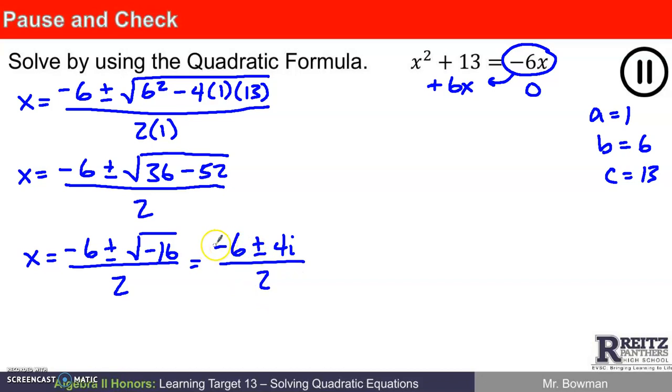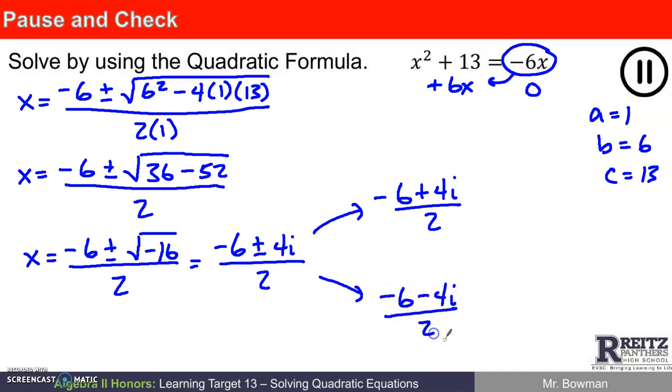So your two answers are going to be negative 6 plus 4i all over 2 and negative 6 minus 4i all over 2. Let's split them up. The difference here is that you can't combine these, right? They're not like terms.